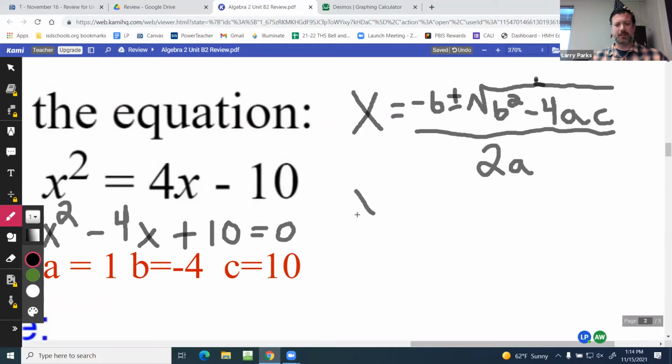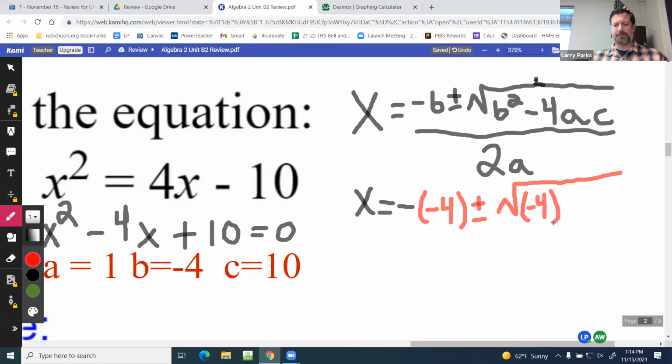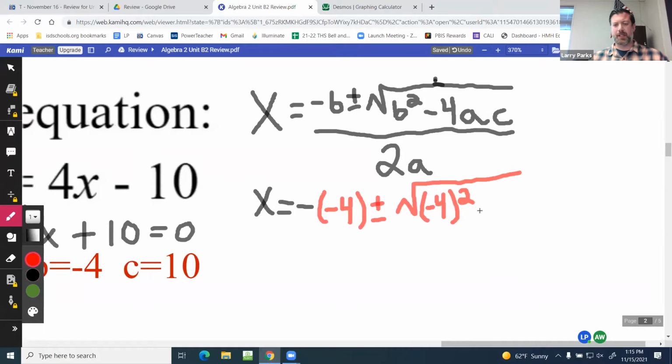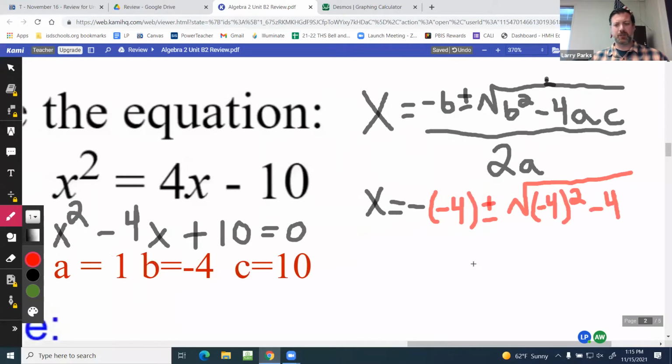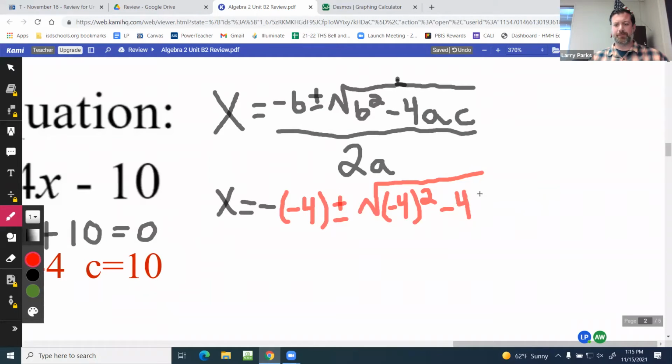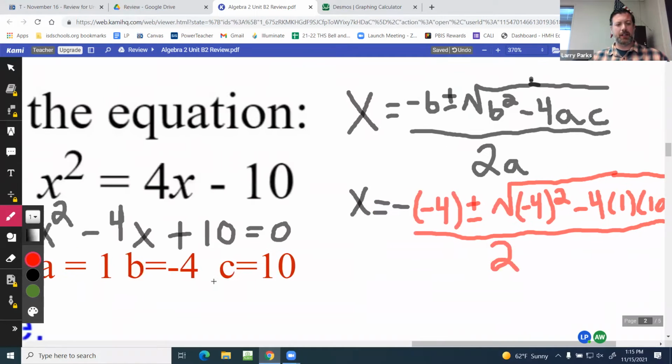So that's x equals negative, and it's a -4, plus or minus square root, and b is -4 squared minus 4 times a is 1, and c is 10, all over 2 times a, and a is 1.